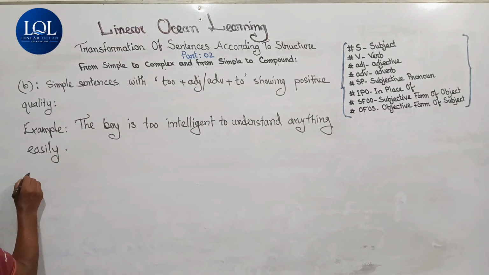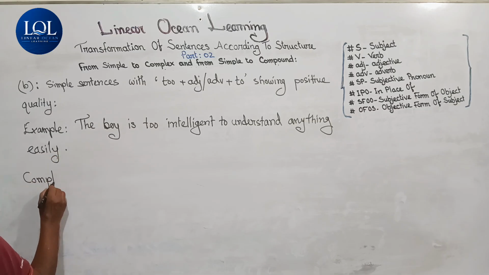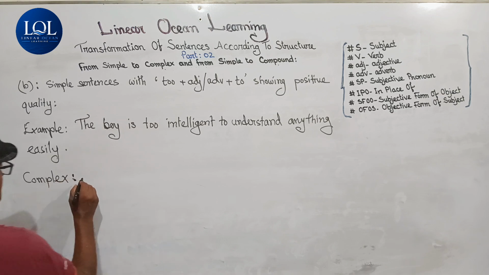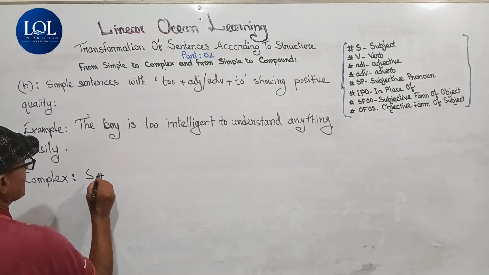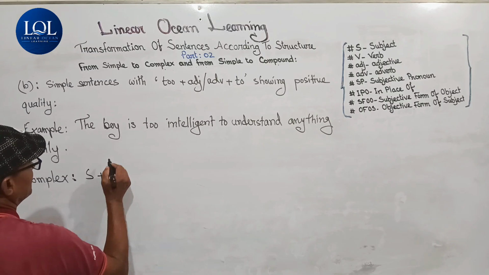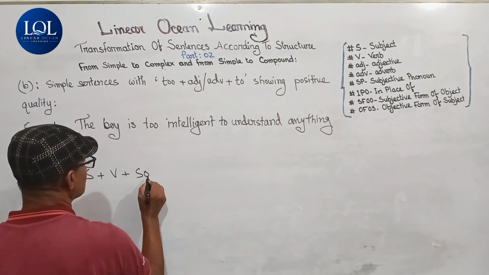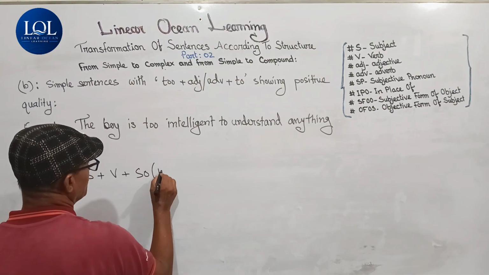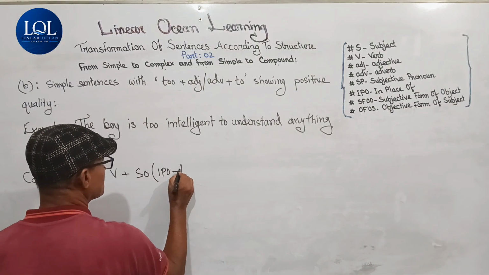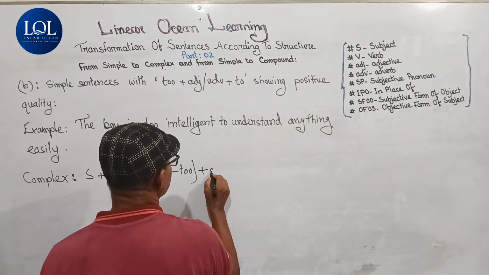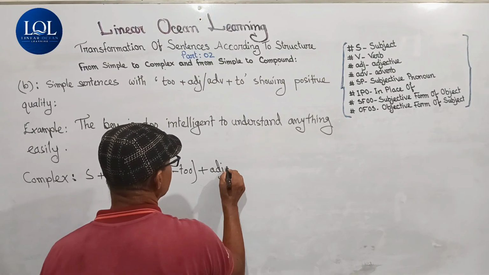Its complex one will be like this. The structure we have to follow will be this: subject plus verb. Subject is the boy, so IPO "to" plus adjective or adverb. Here adjective is intelligent.